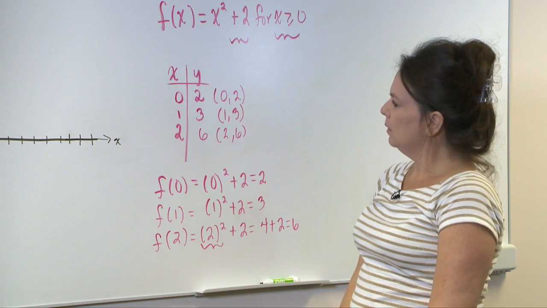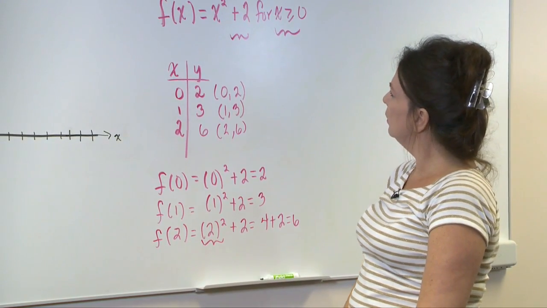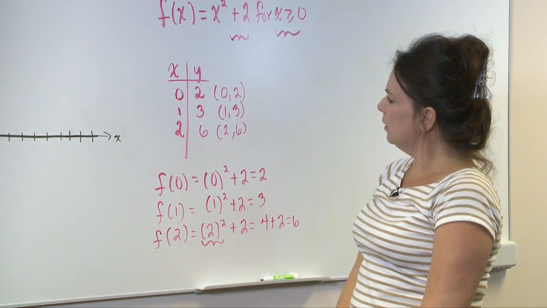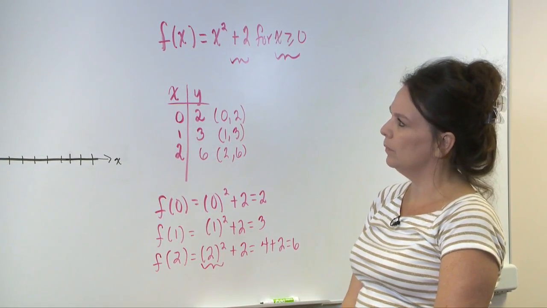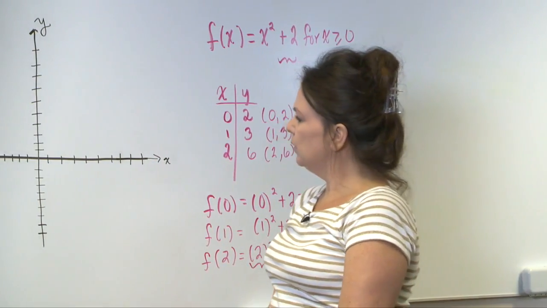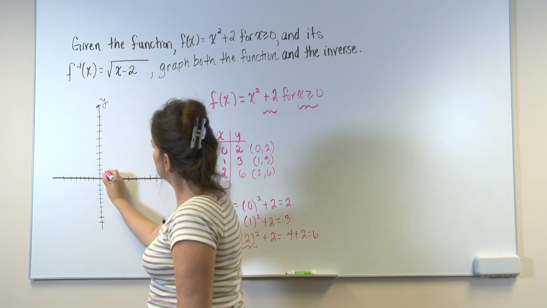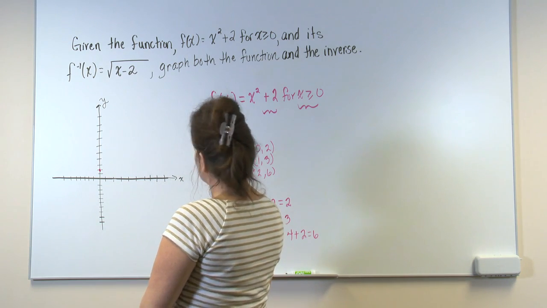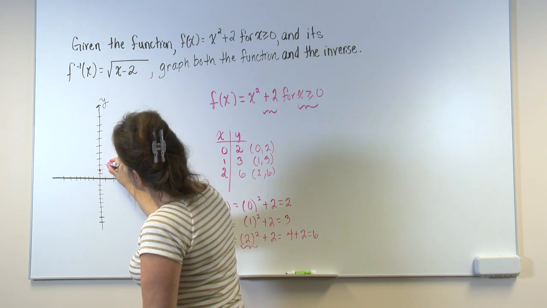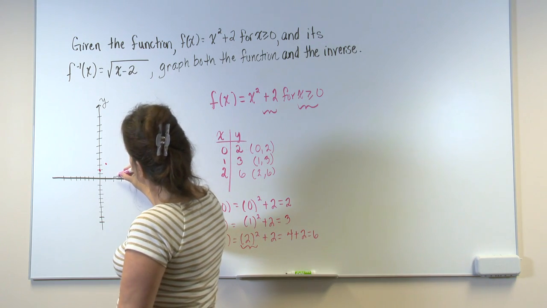So I'm going to go ahead and graph these points and see what we have going on here, keeping in mind that the only x values I have are greater than or equal to 0. So I've gone ahead and put down the coordinate system here, plotting the point 0, 2. That's our point right here. And then 1, 3. That's approximately right here. And 2, 6.